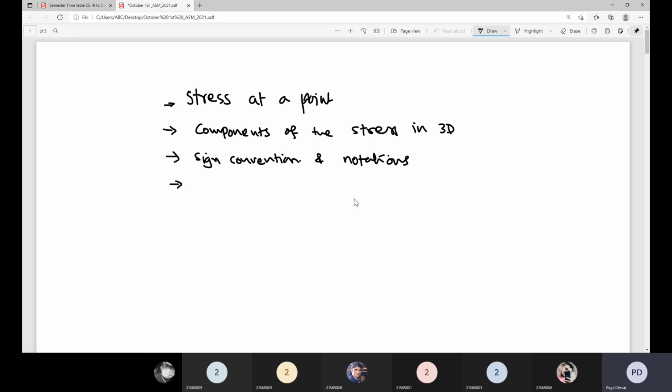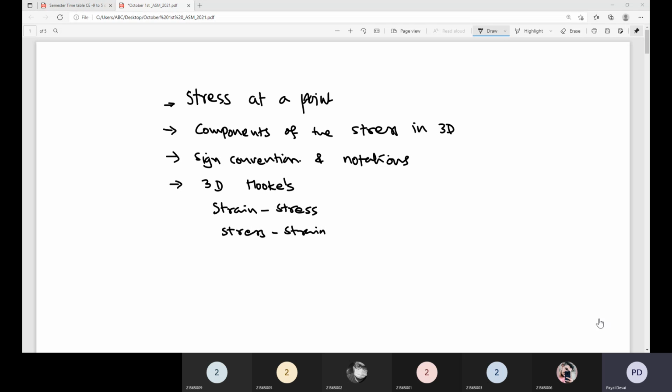There are two things we discussed in the last class. One is 3D Hooke's law. It was very simple, and we established the relation between strain on the left side and stress on the right side. But I told you to work out stress on the left side and strain on the right side. Has any student tried this?